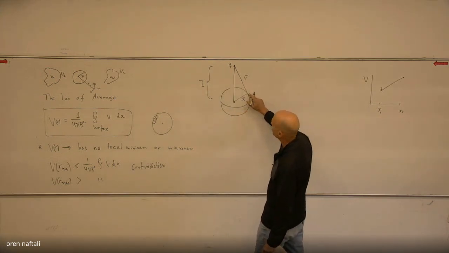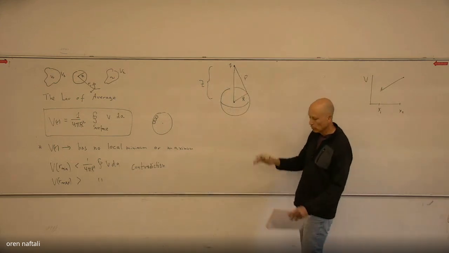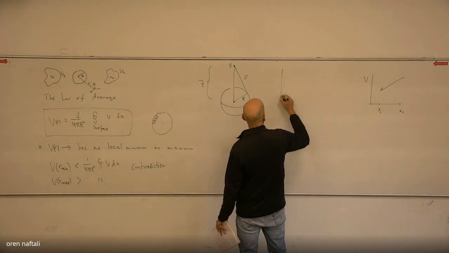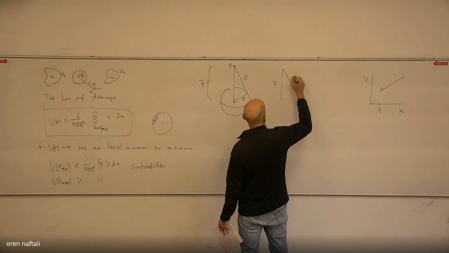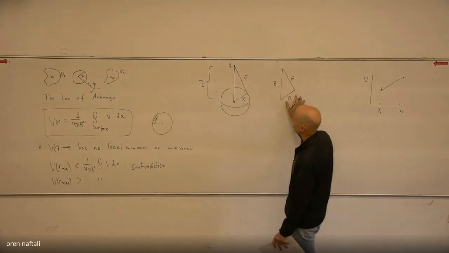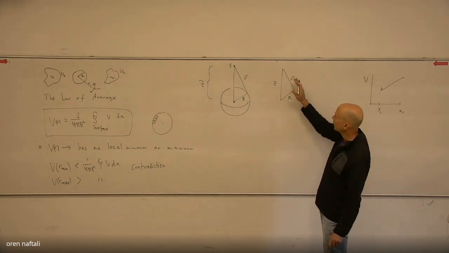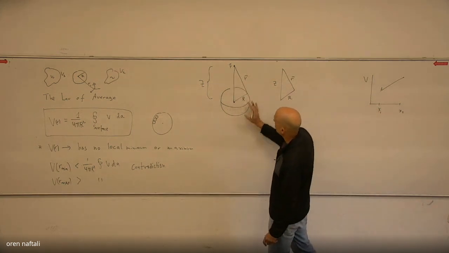This is a very simple thing because this is a single charge, so we can solve this problem quite easily. This is the drawing. R is given, z is also given, and r tilde will be changing as I move along the surface of this.